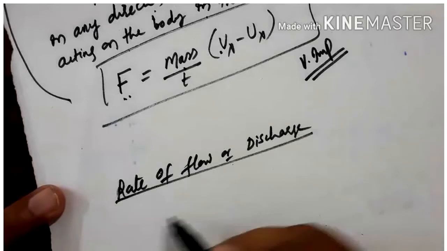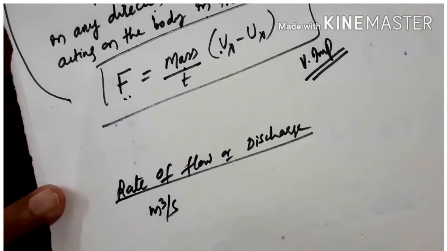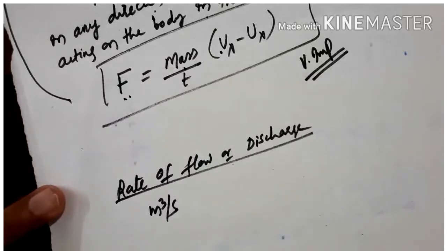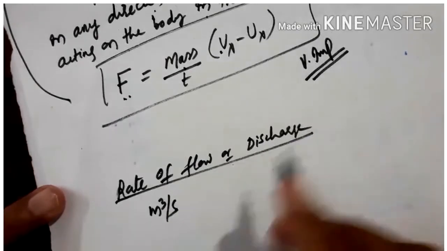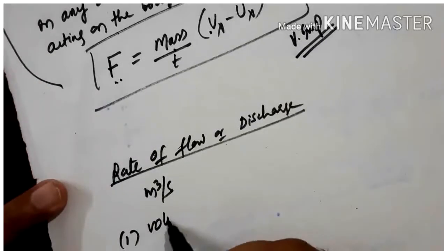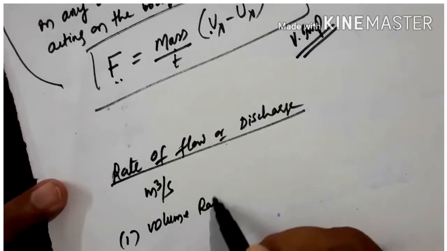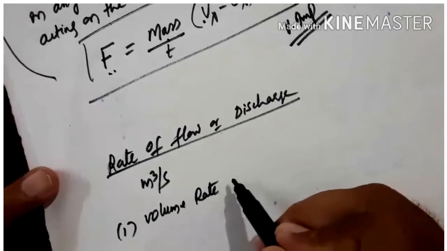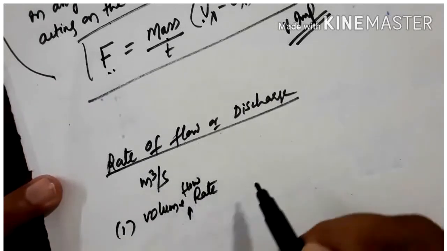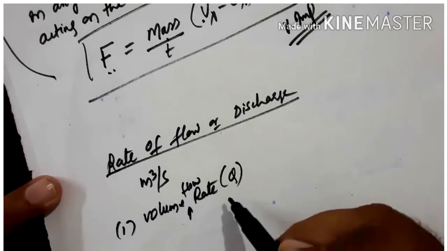Its unit is meter cube per second. The rate of flow is also written in terms of volume rate or volume flow rate, that is Q.